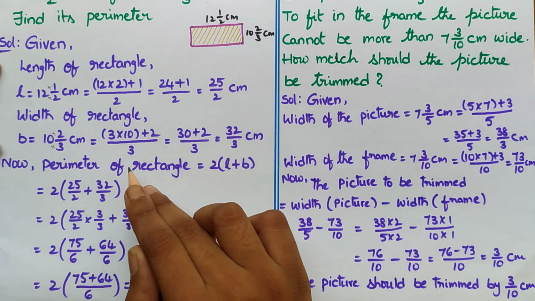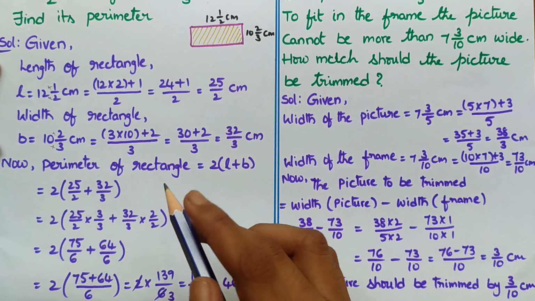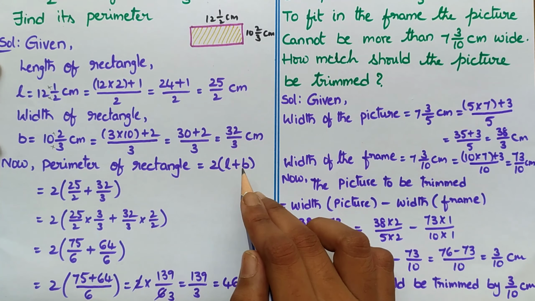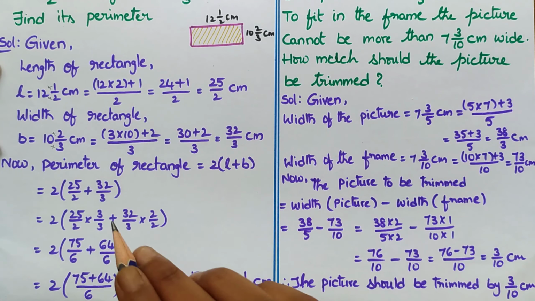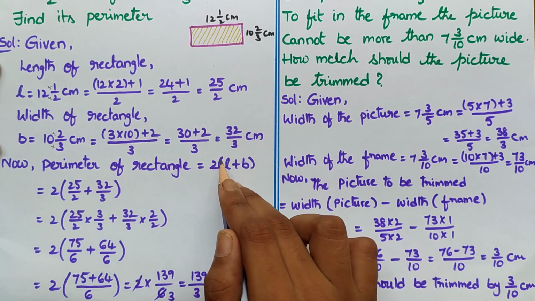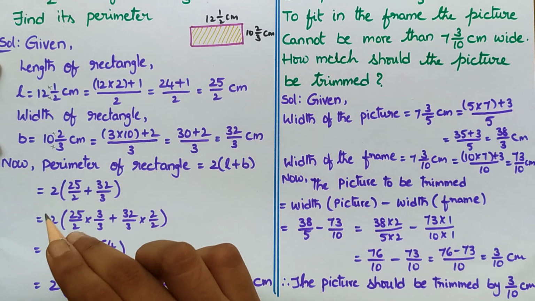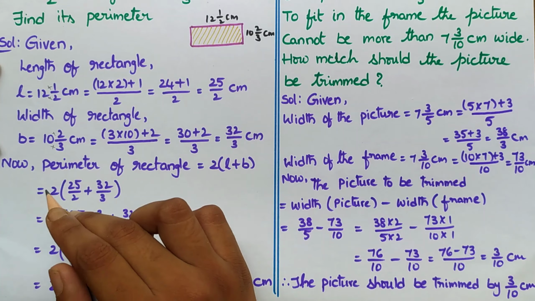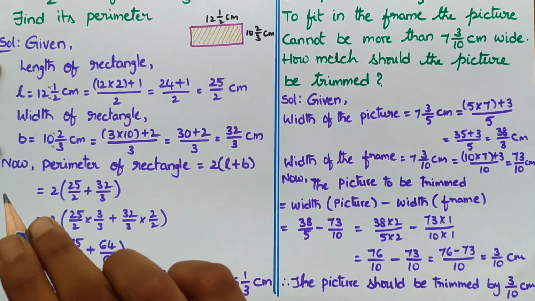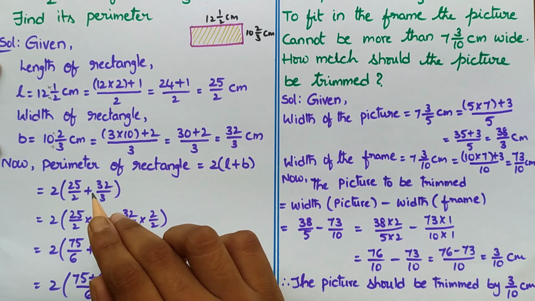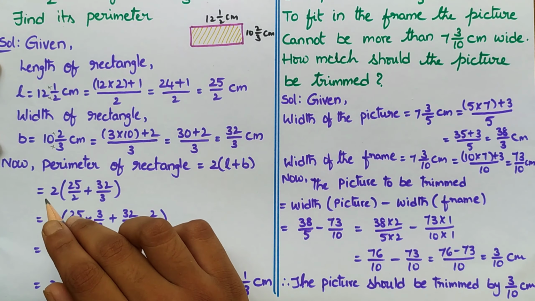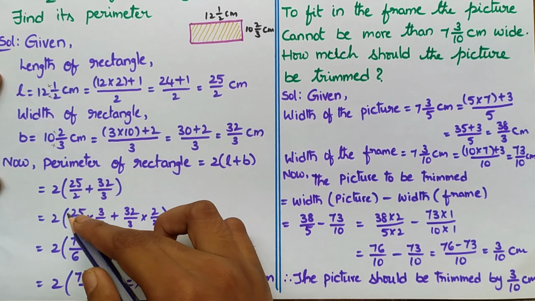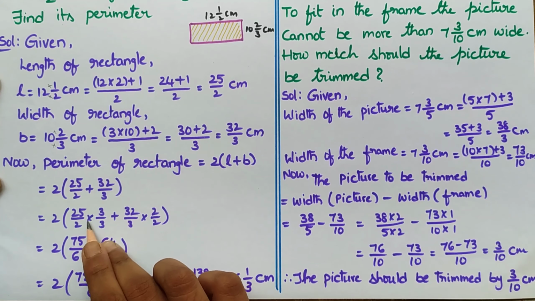Now, the perimeter of a rectangle. As you all know, the perimeter of a rectangle is 2 into (L plus B). Therefore, 2 into (25/2 plus 32/3).